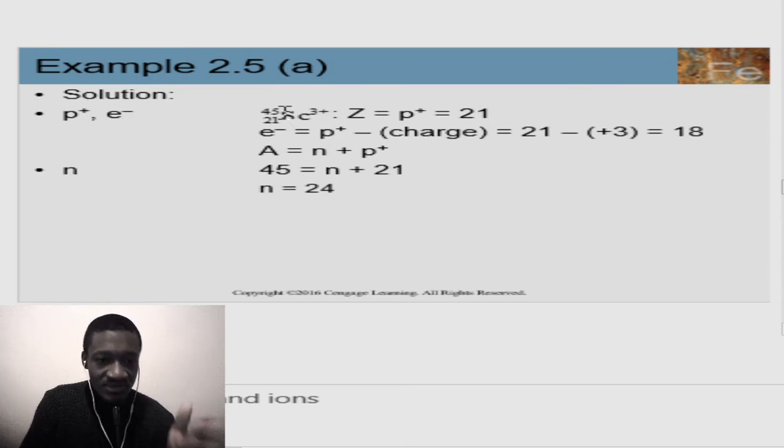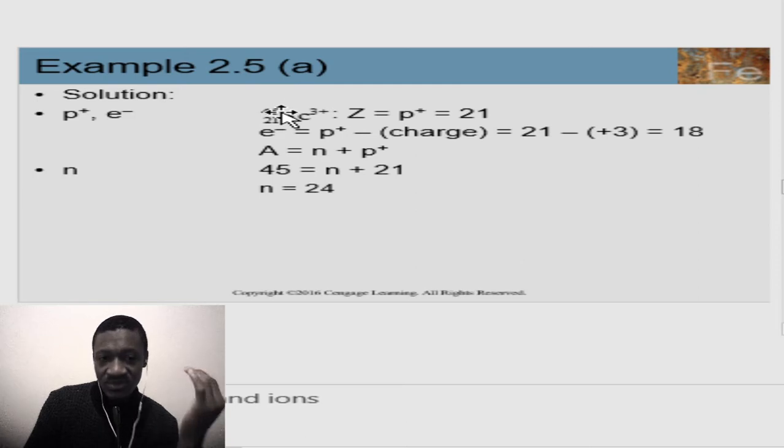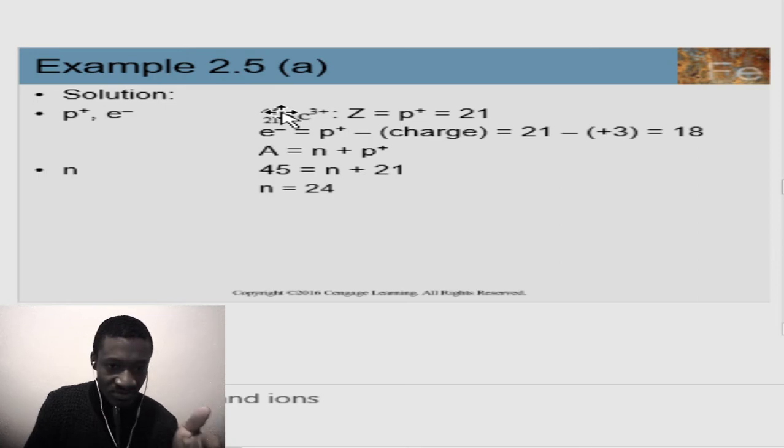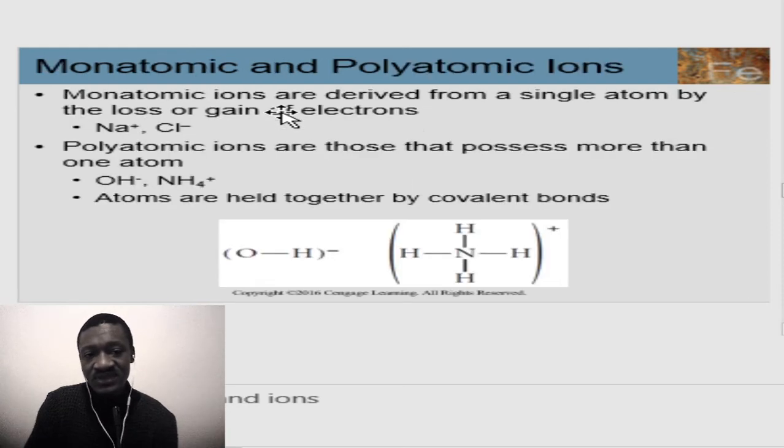So at the end of the day, your Z is 21, then your E is 21 minus plus 3, which gives you 18, and then your A is your combination of neutrons and your protons. So to get the answer, you have to do 45 minus 21, which is 24. So you have everything you need, and that is it.